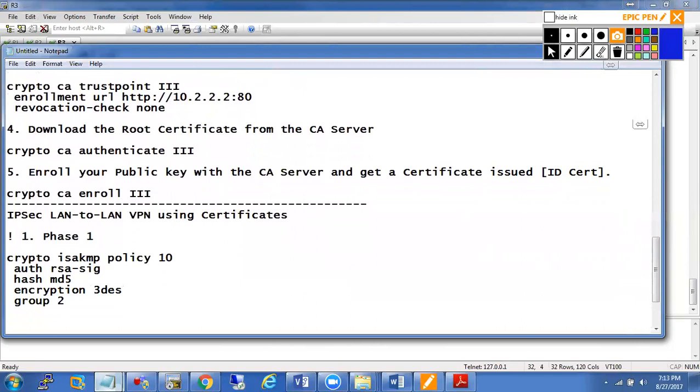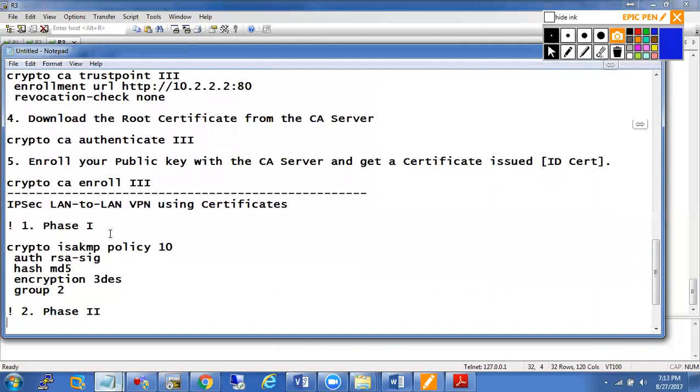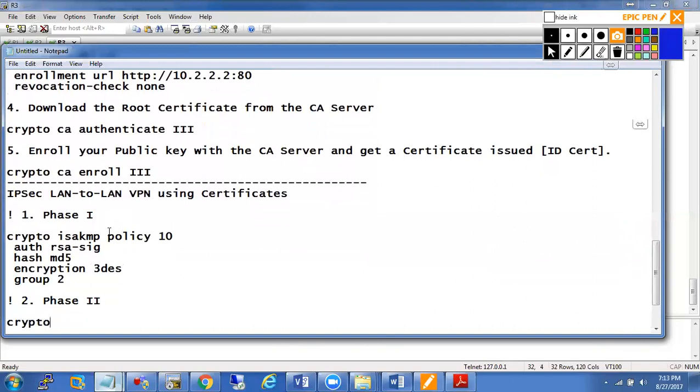RSA-SIG, right? Everything else is the same. Now, because I'm doing it based on the RSA signatures, I don't need to create a pre-shared key because that's exactly what I replace. So I go directly to phase 2. From this point on, it's exactly the same.